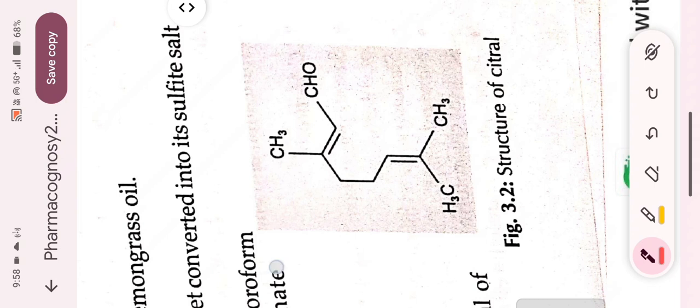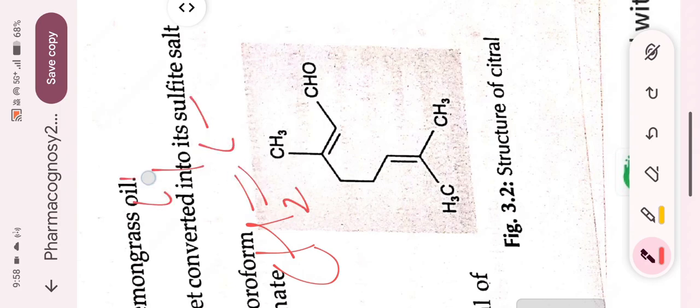In this isoprene we have 2 double bonds, right? As I said, the first one will be having the double bond here. That's all.